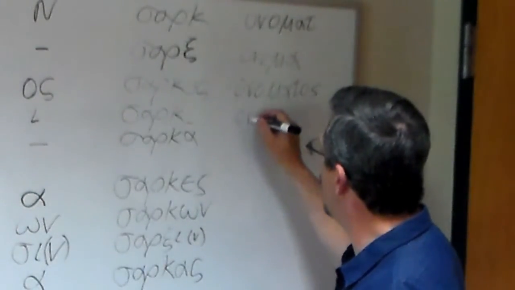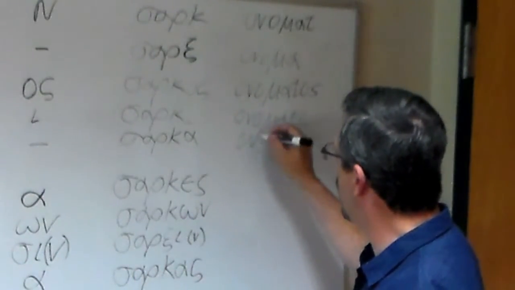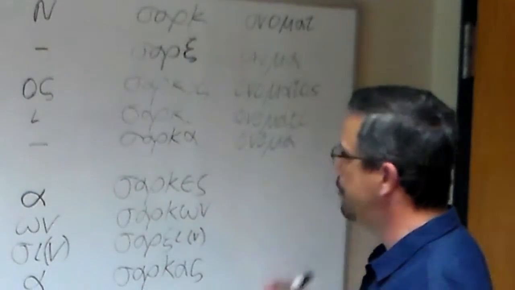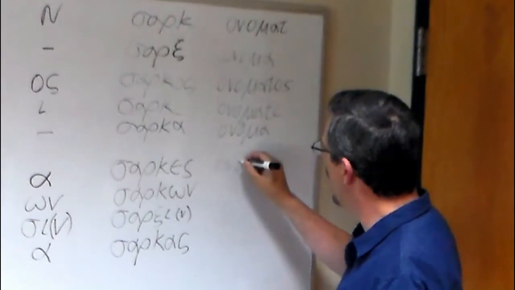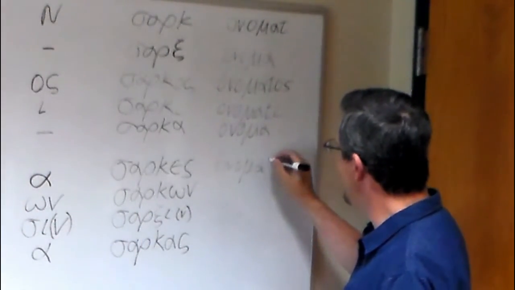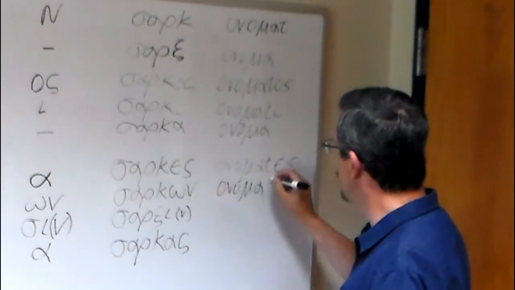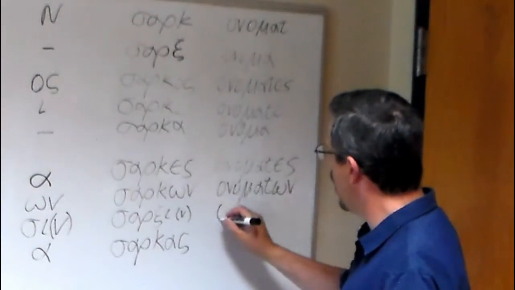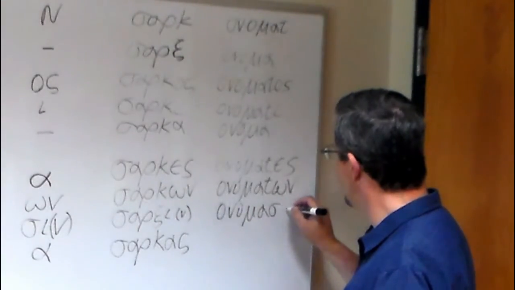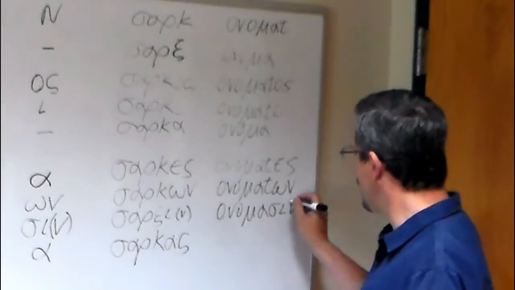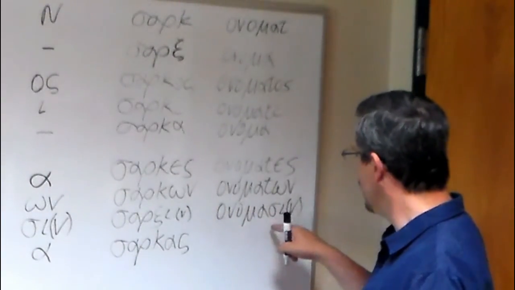Onomati. Onoma. Now in the plural, onomata. Onomaton. Onomasin. So you see how the tau drops out in front of the sigma.